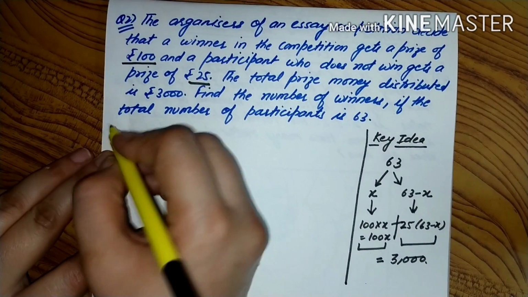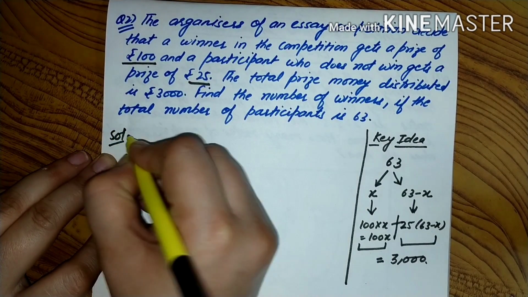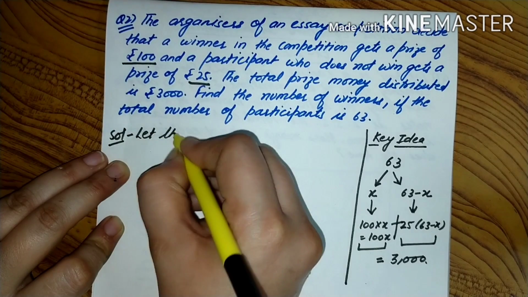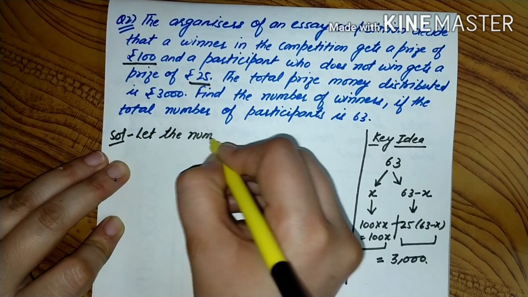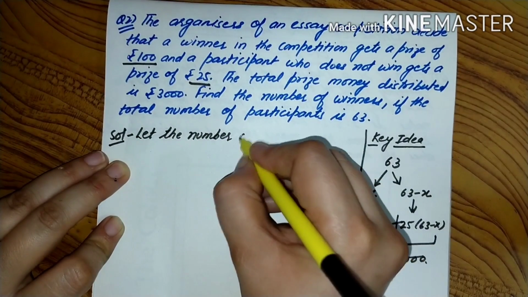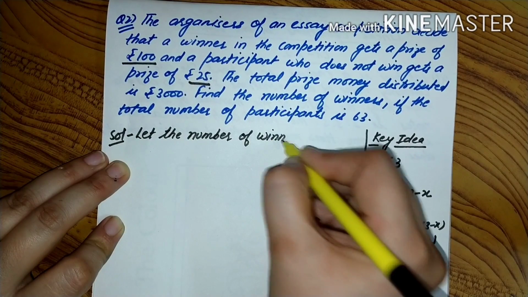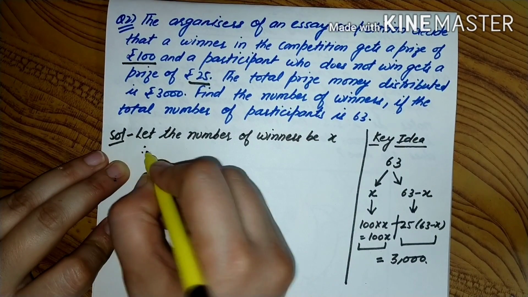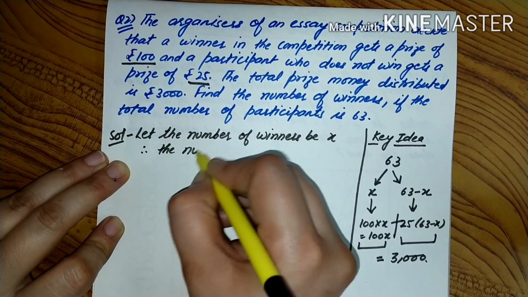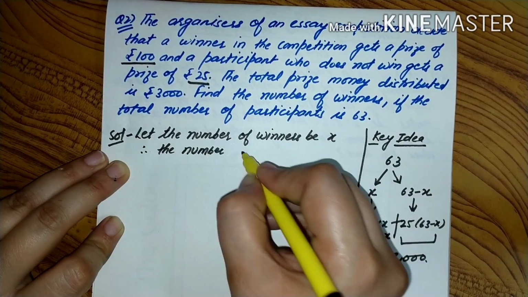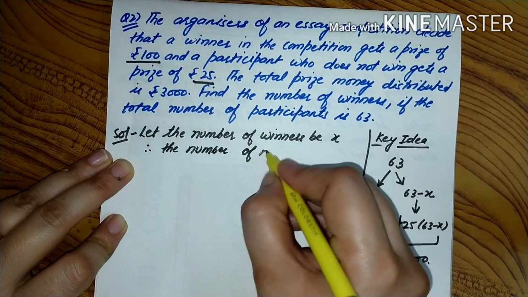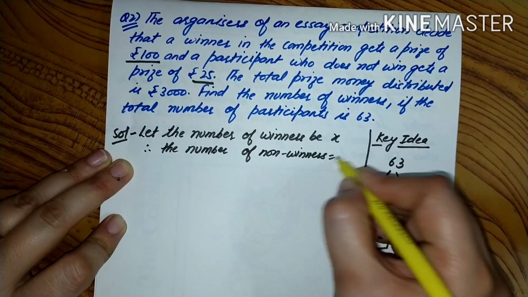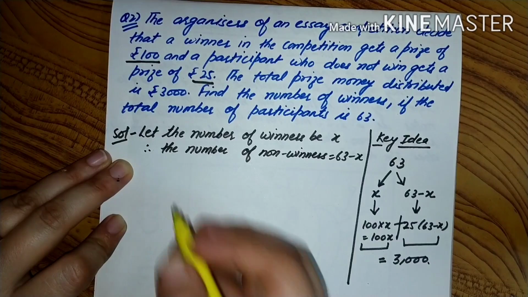So for that, let us start with the solution part. Let the number of winners be x. Therefore, the number of non-winners would be 63 minus x.